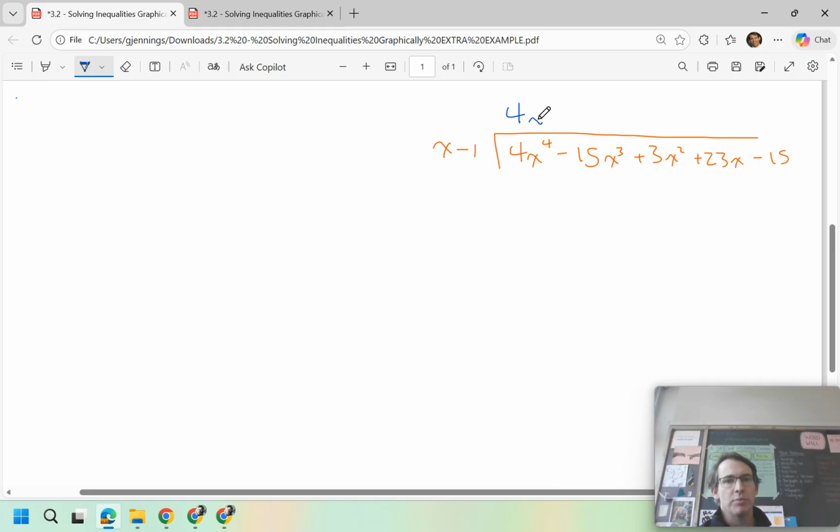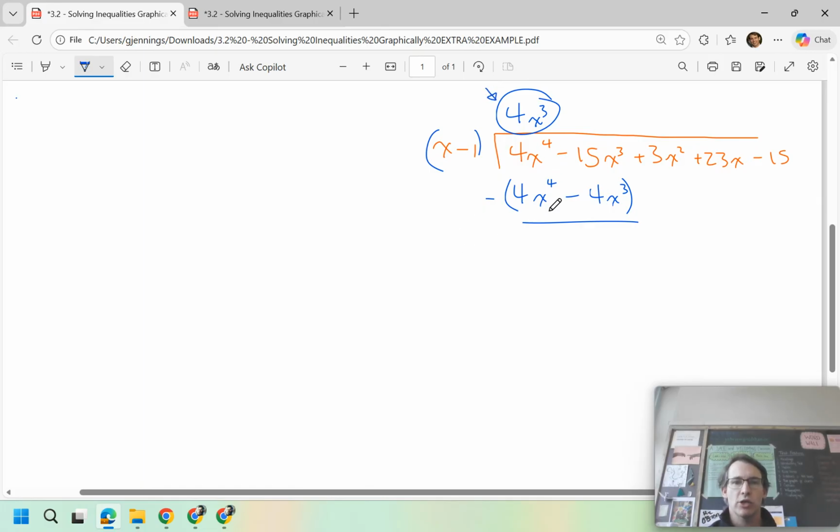Kunal says I multiply by 4x cubed. I multiply this by this and write it down here. 4x to the 4 minus 4x cubed. Then I put this in brackets and recall that I'm subtracting here. Kunal chose to multiply by 4x cubed because it would knock out our x to the 4 term.